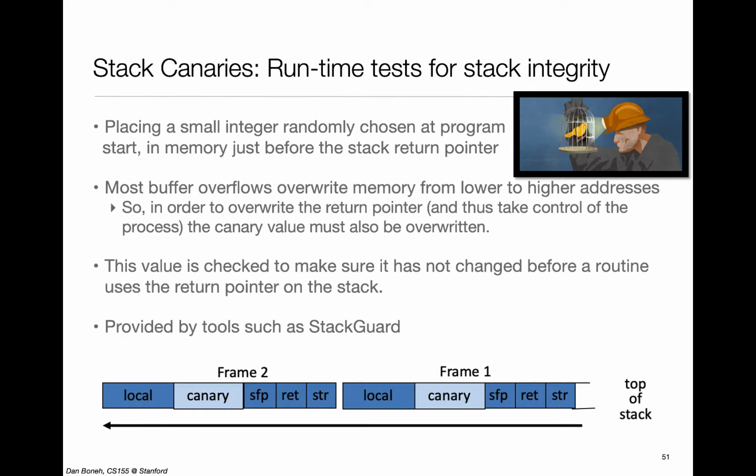So in this case, at the very least with this approach, we'd be ensuring that the stack canary would prevent the return pointer from being modified. And the value is checked to make sure that it has not changed before a routine uses the return pointer on the stack. And there are current commercial implementations of this, such as StackGuard.